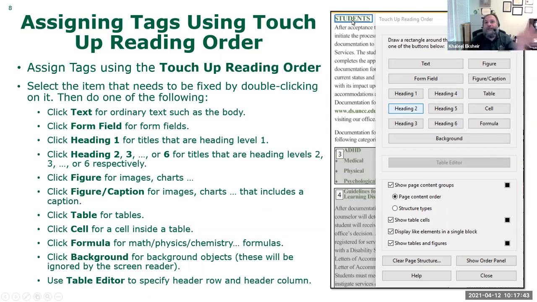If I want to change it to heading level 2, I can click on it, then come to the heading and click heading level 2, and it will become heading level 2. Not only that, using the reading order, you will be able to fix the reading order. We can see in the screenshot here on the right side, we have number 3, number 4, so it is missing number 1. So I can click on this paragraph, and it will become number 1. There's another menu where I can adjust the reading order.